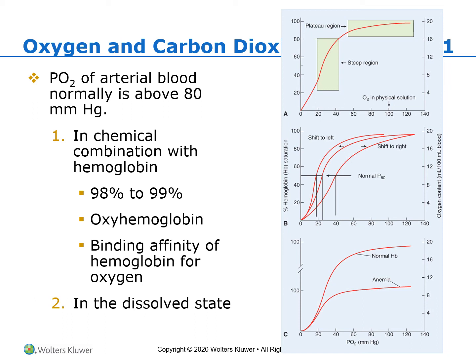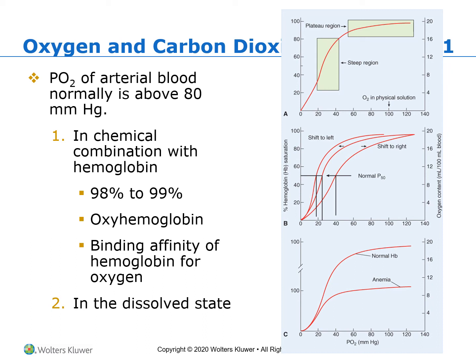PO2 is 80 to 100, really above 80 because it could be 120. It's not harmful. But one thing that is important is the relation between the oxygen carried in combination with hemoglobin and the partial pressure of oxygen of the blood. That's called the oxygen hemoglobin dissociation curve, and you see it in this figure, and it is in your book.